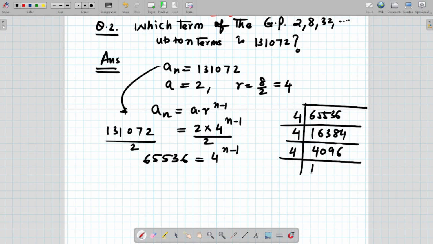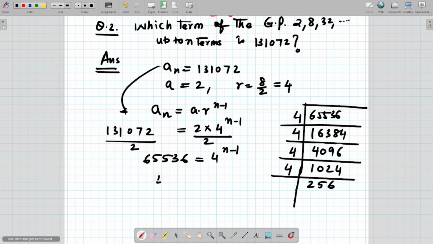Correct. Then 1024 is 2 to the power 10, now 10, 1024 is 2 to the power 10, so 4 की power 5 हो गई, so 5 और 3, 8, power 8 होगी, 4 की power 8 होगी, right?